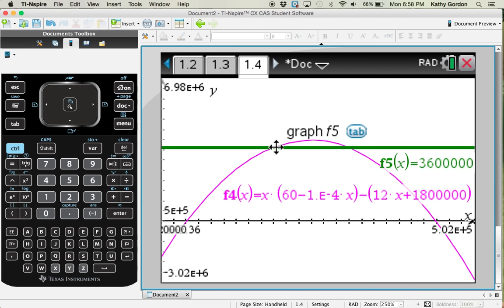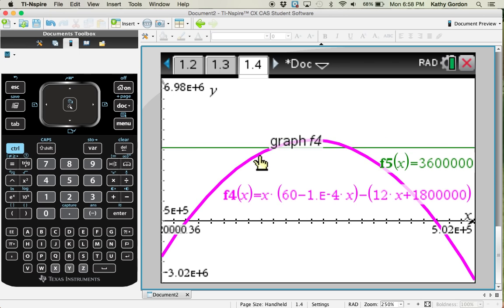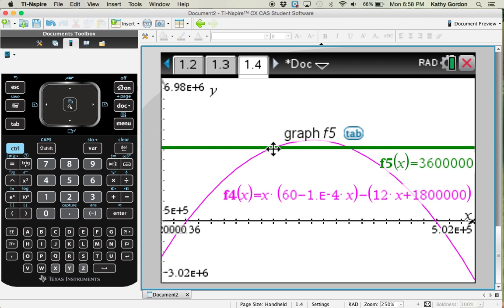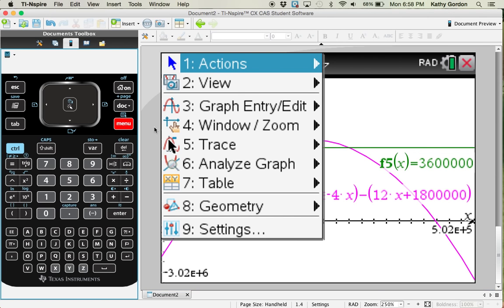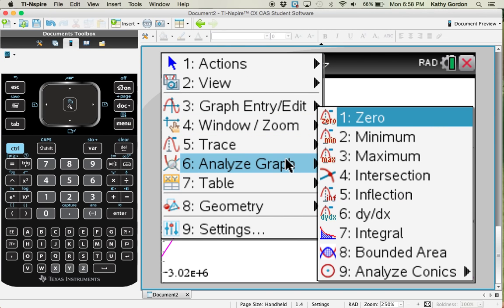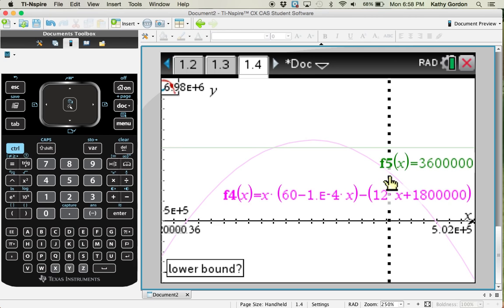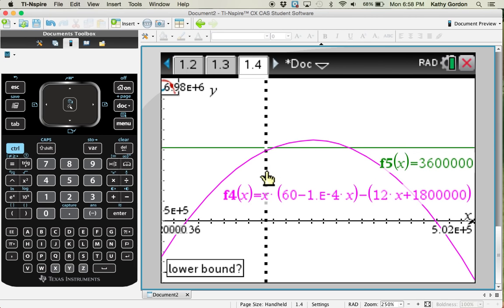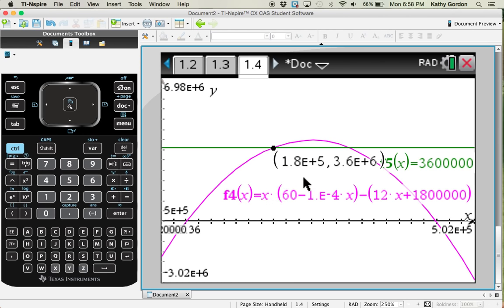And so in order to find out where pink gets up to at least the green level, we can do another analysis, but this time what we want is the intersection. So we go a bit to the left, we go a bit to the right, we see we get an intersection at the same place, the same x value that we got when we solved it the other way.